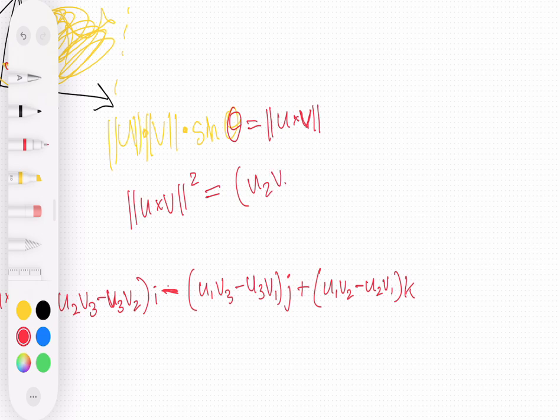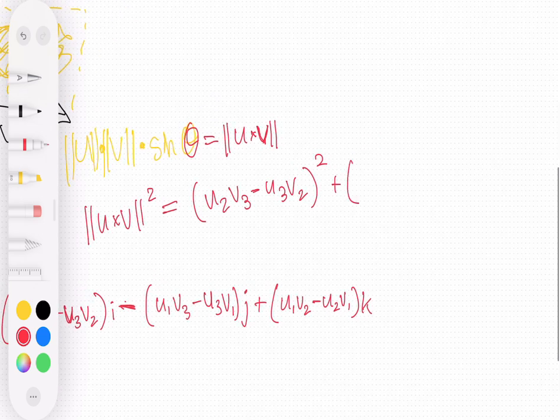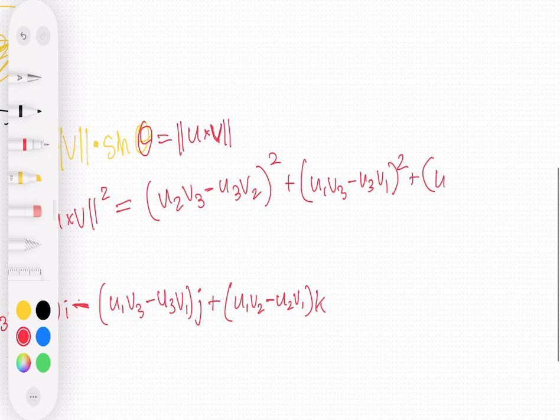So (u2 v3 minus u3 v2) squared plus, and this minus becomes a plus over here because we're squaring, so (u1 v3 minus u3 v1) squared plus (u1 v2 minus u2 v1) squared.